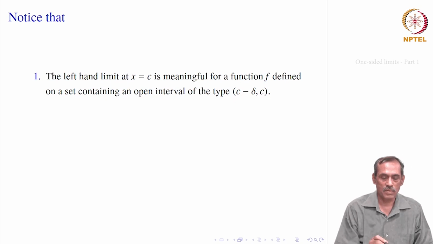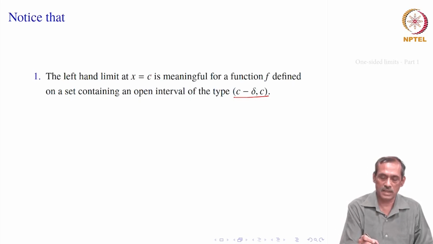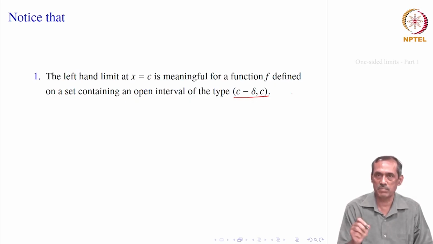Okay. Something to point out here: the left hand limit at x equal to c is meaningful for a function f defined on a set containing an open interval of the type c minus delta to c. Recall that in the limit definition, we said that the limit is defined only when there is a neighborhood of c, c minus delta to c plus delta, leaving that c, a deleted neighborhood.